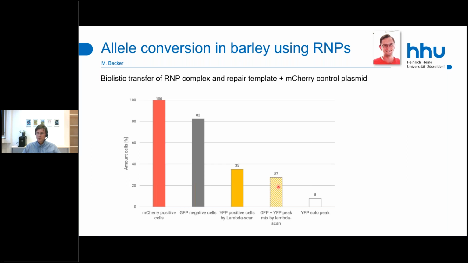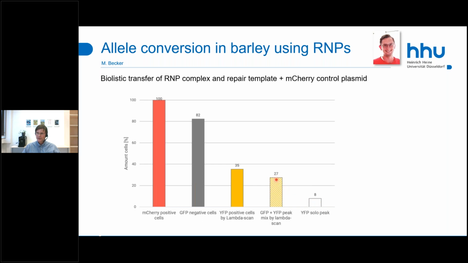And if we then split this up, barley is a diploid organism, so theoretically you could have one GFP and one YFP, or one mutated GFP and one YFP, or two YFP, and this is given here.